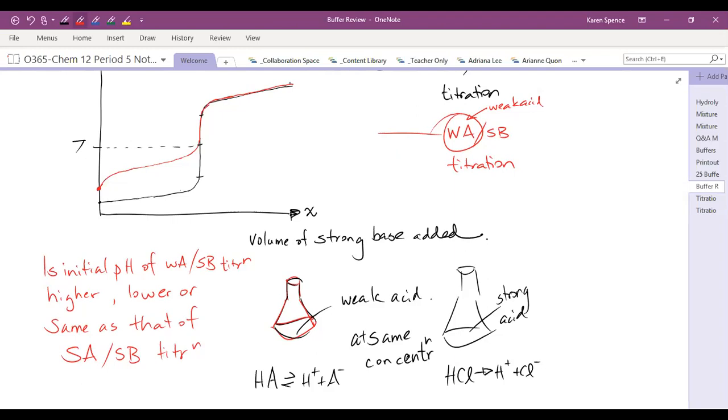So things you want to take note of here is that we have a hill at the beginning.